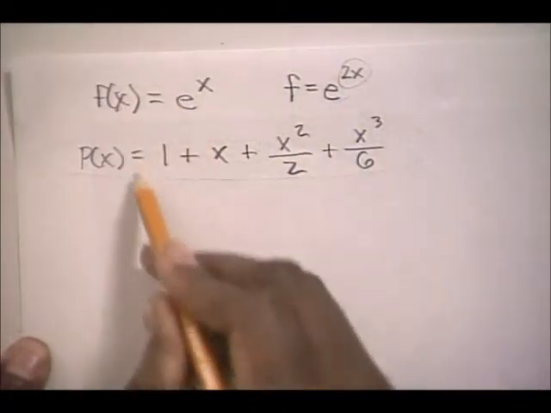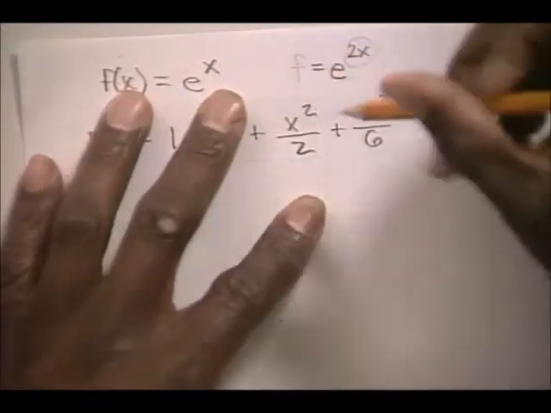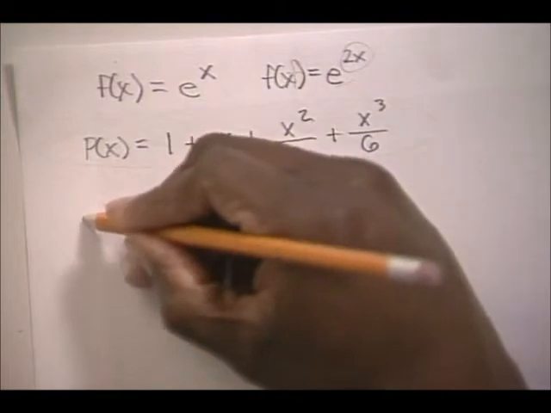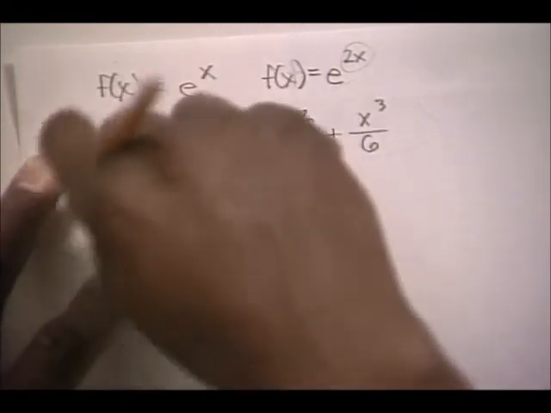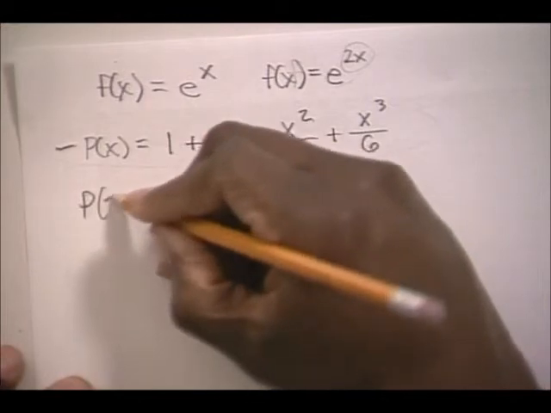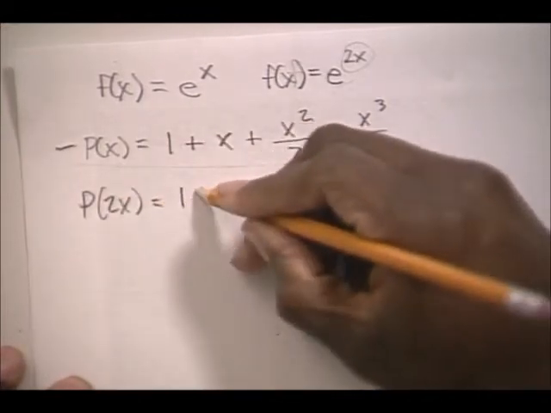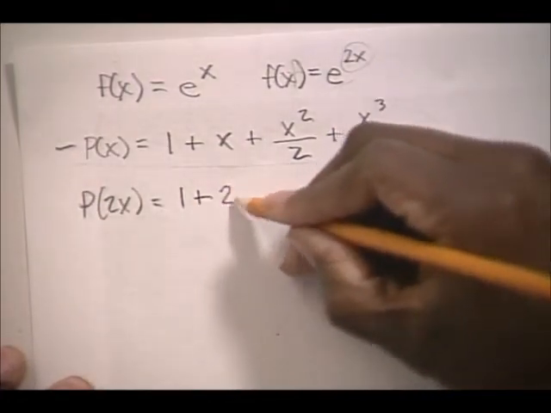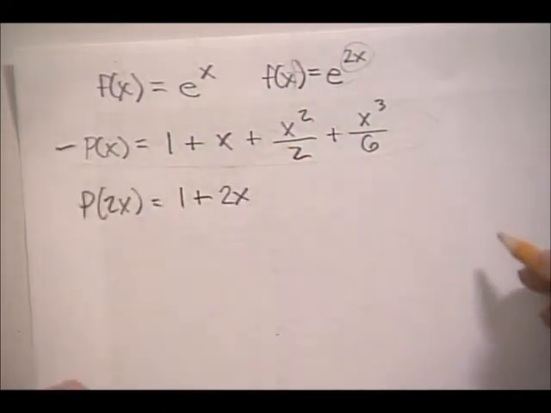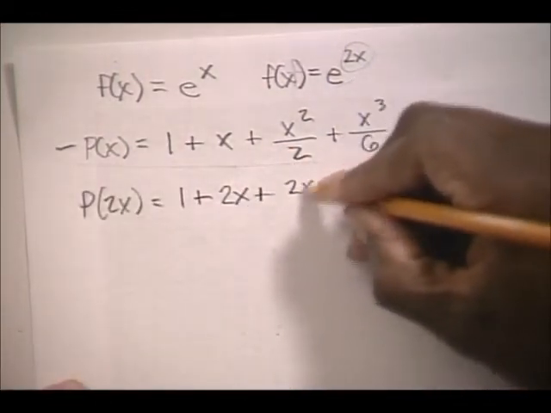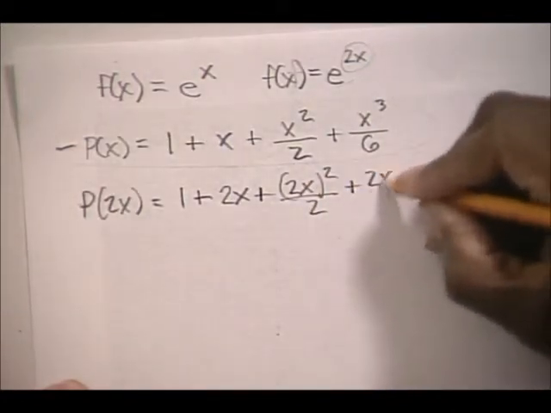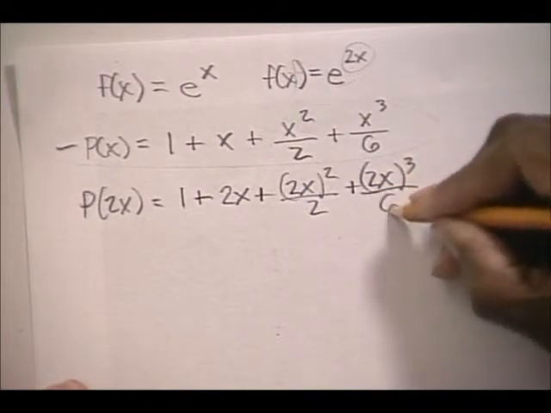So this is e to the x, what I've got here. But if you wanted to rewrite f of x equal to e to the 2x, you would just make a substitution. Wherever you have x, you substitute 2x: 1 plus 2x plus 2x squared over 2 plus 2x cubed over 6.